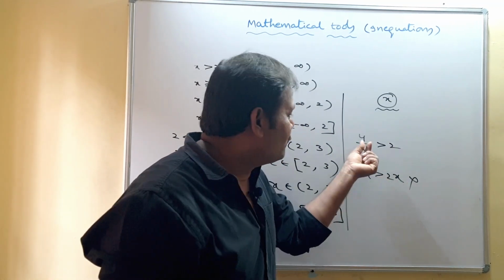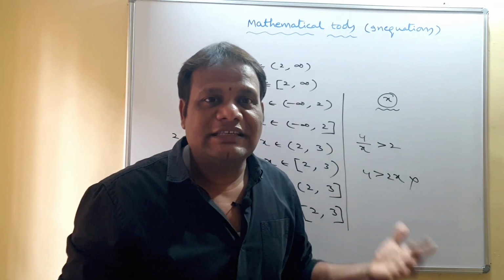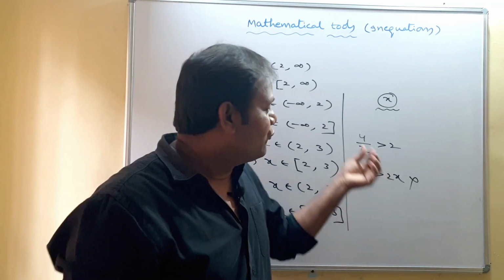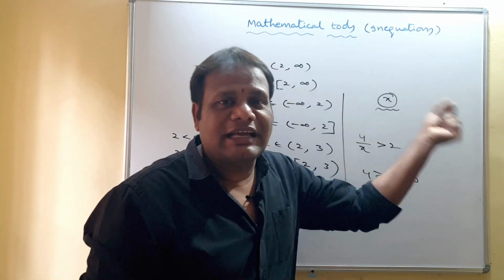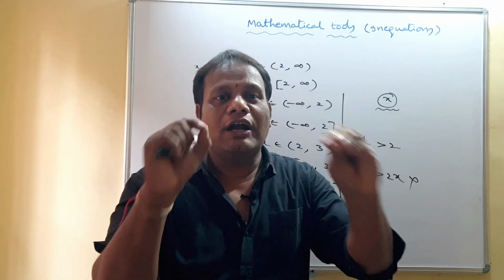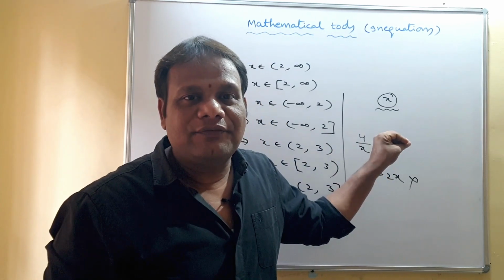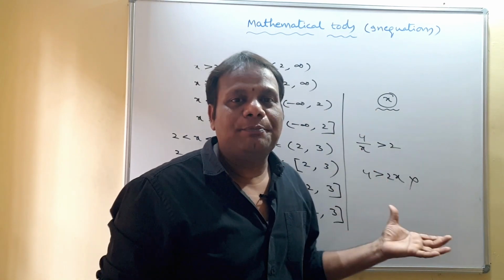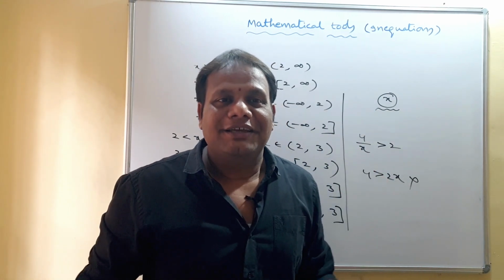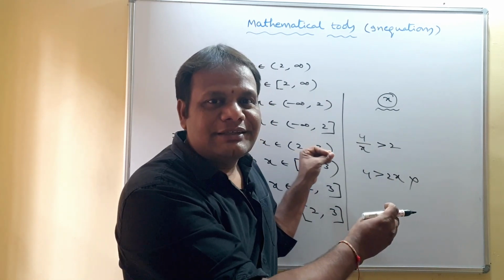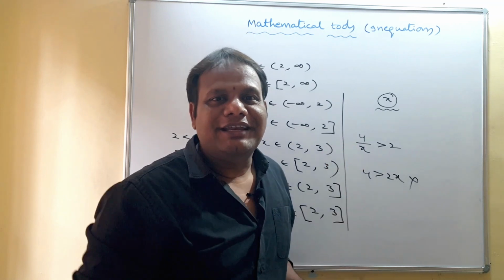Because we can't say the sign of x. That depends on the value we are taking in place of x. So how to solve this type of inequations? In my next video, I will explain how to solve inequations.